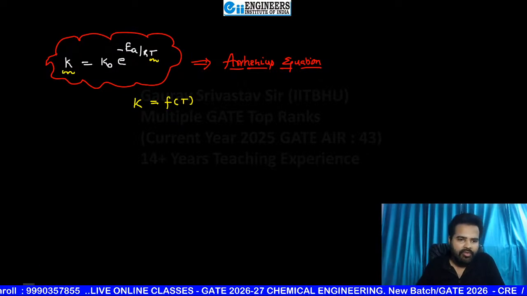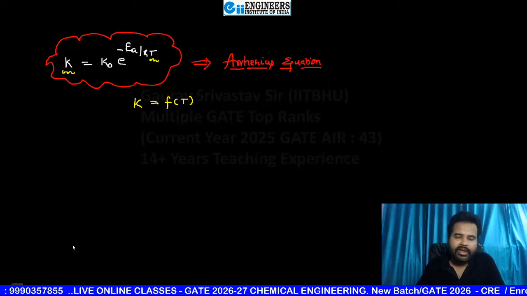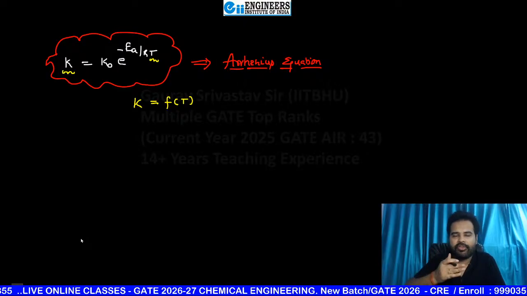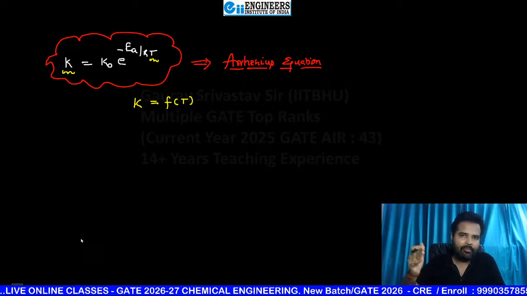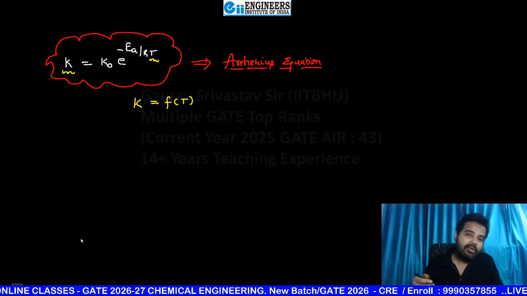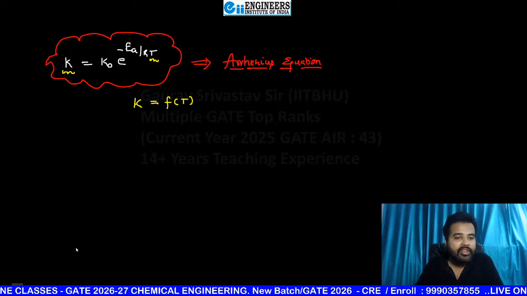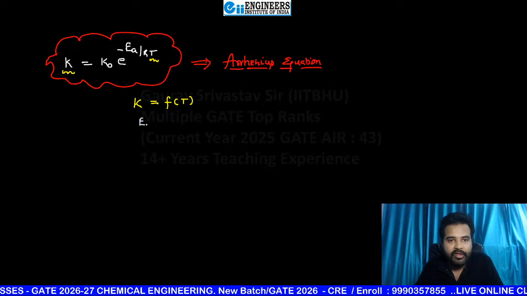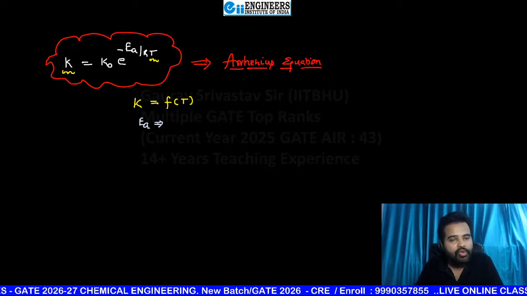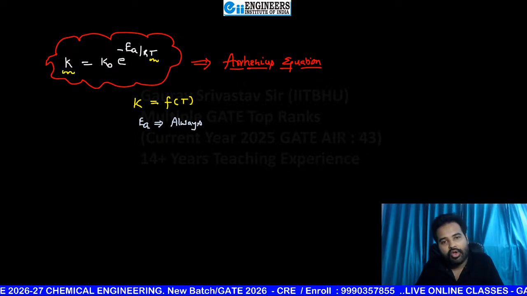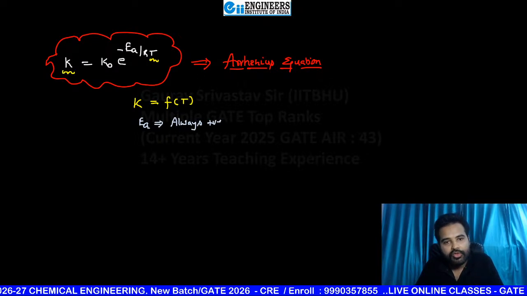Don't worry, very easily you can derive one more equation in a similar manner, just as you had seen in the case of the van't Hoff equation, how the equilibrium reaction rate constant varies with temperature. But in that case delta H can be positive or negative. Here, my dear students, this Ea, the activation energy value, is always positive.